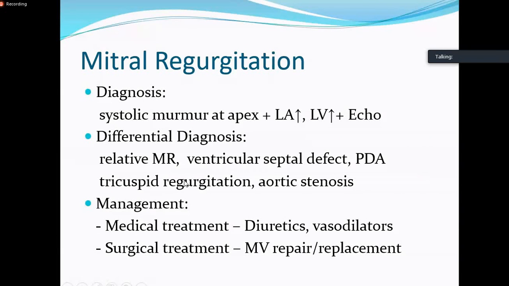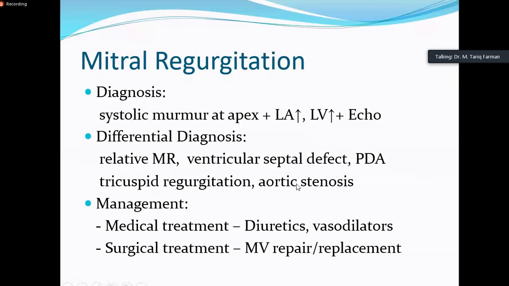In tricuspid regurgitation, the murmur may be pansystolic, but at the lower sternal border, and there is variation with inspiration and expiration. If you auscultate carefully, the quality and the intensity of the murmur change in respiratory phases.